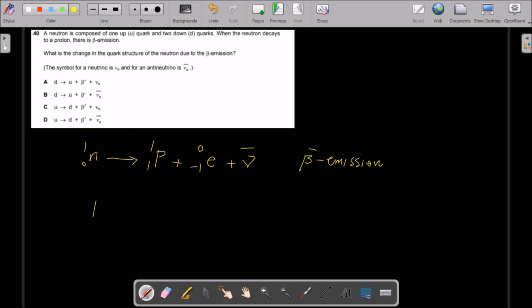And we know that if a proton decays, it gives a neutron plus a positron, which is an electron with positive charge, plus a neutrino. So this is for beta positive decay emission.